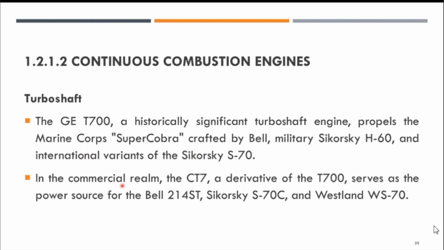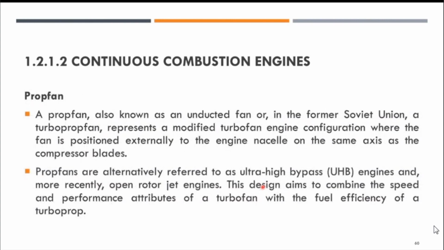In the commercial realm, the CT7, a derivative of the T700, also serves as the power source for the Bell 214ST, Sikorsky S-70C, as well as the Westland WS-70. All right, so that is the historical background of the turboshaft type of engine.